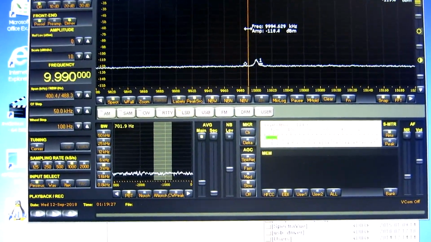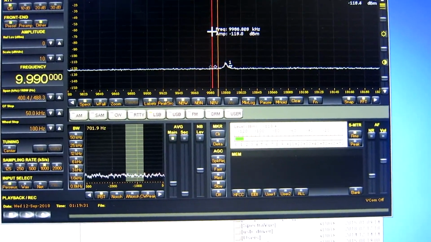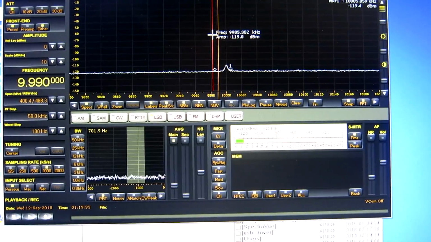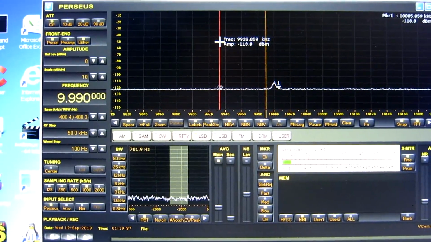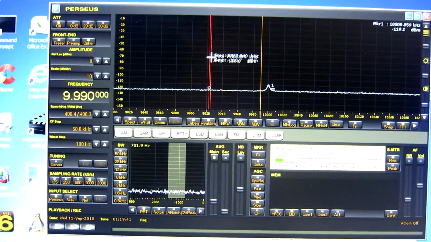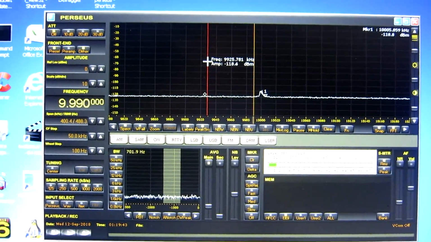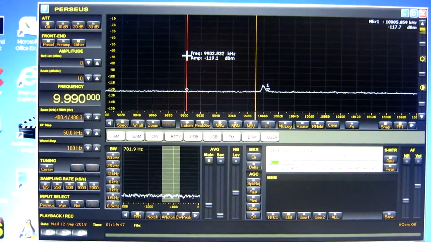The noise floor is minus 118.8. So the white noise floor of the amplifier is very low because there is feedback.